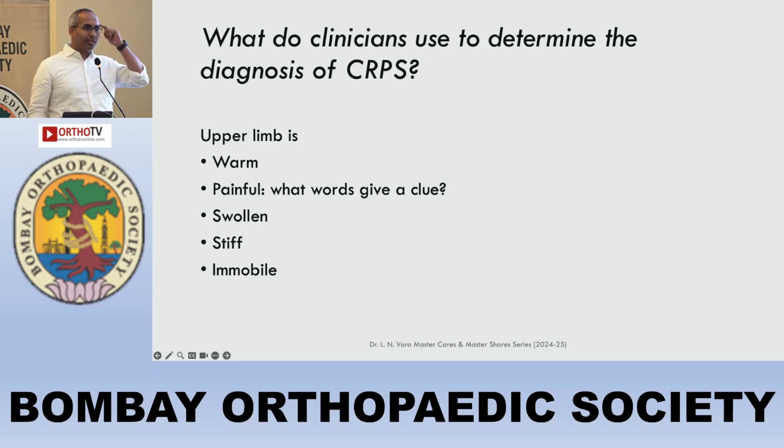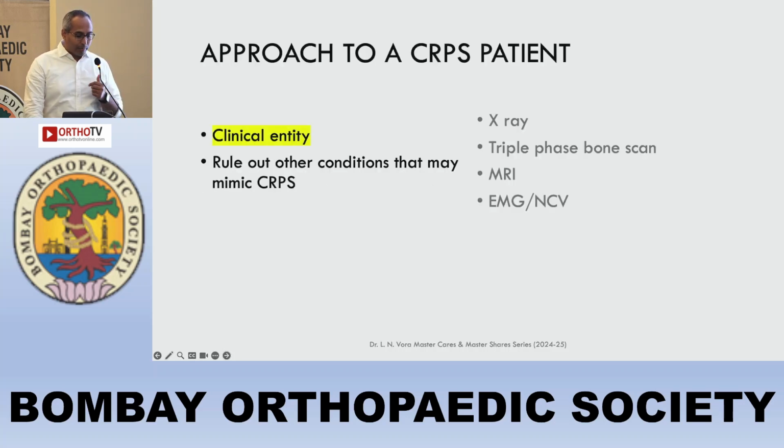Horrible is an affective word. So horrible, terrible. The idea that you can get about different types of pain from a history is very subtle. So you know how much of the cortex is involved, emotional lability. So even despite all methods available to us and investigations, we still rely on clinical diagnostic criteria for CRPS. There is no gold standard investigation.